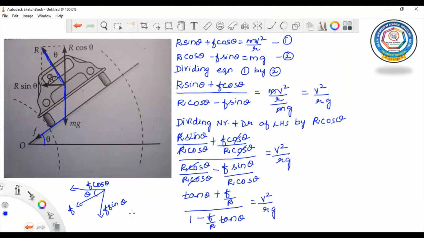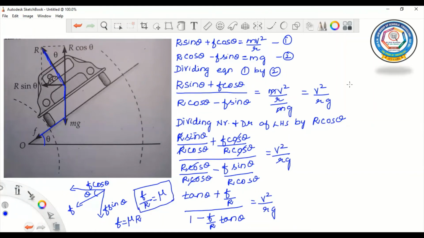And already we know that F is equal to mu R. So can we write F by R is equal to mu? Yes. So F by R is equal to mu. This is a very important term here. We are going to substitute.